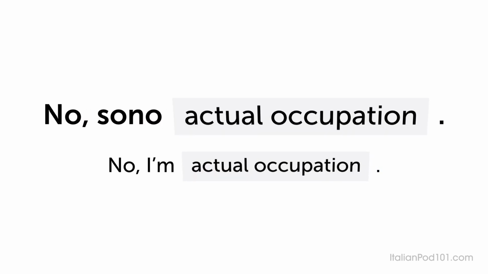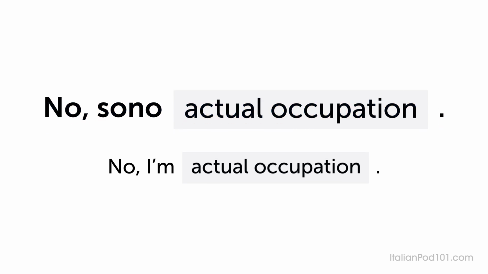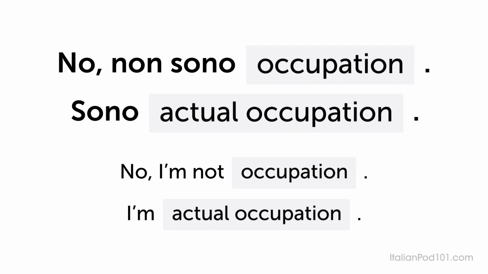This pattern is No, sono actual occupation. No, I'm actual occupation. You should be aware of this, but for this lesson, we'll use the pattern No, non sono occupation, sono actual occupation. No, I'm not occupation. I'm actual occupation.